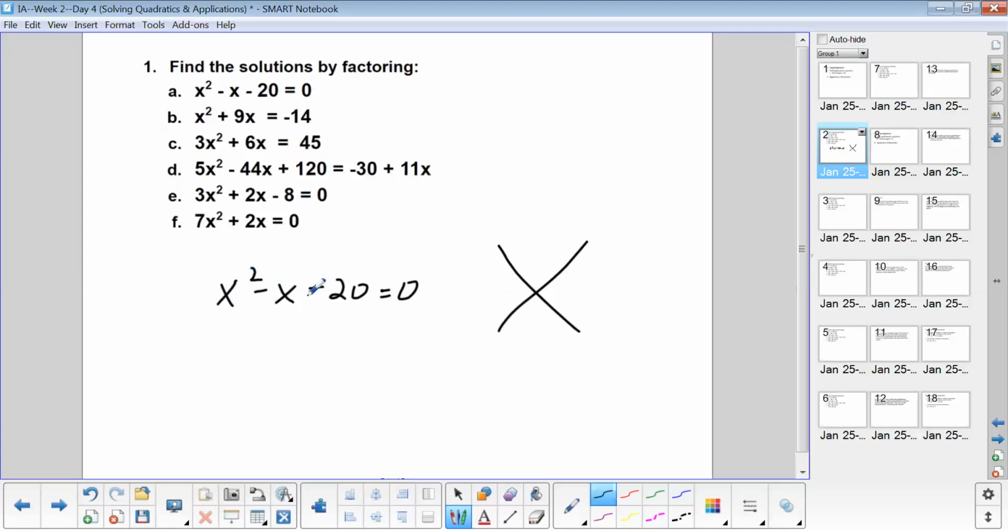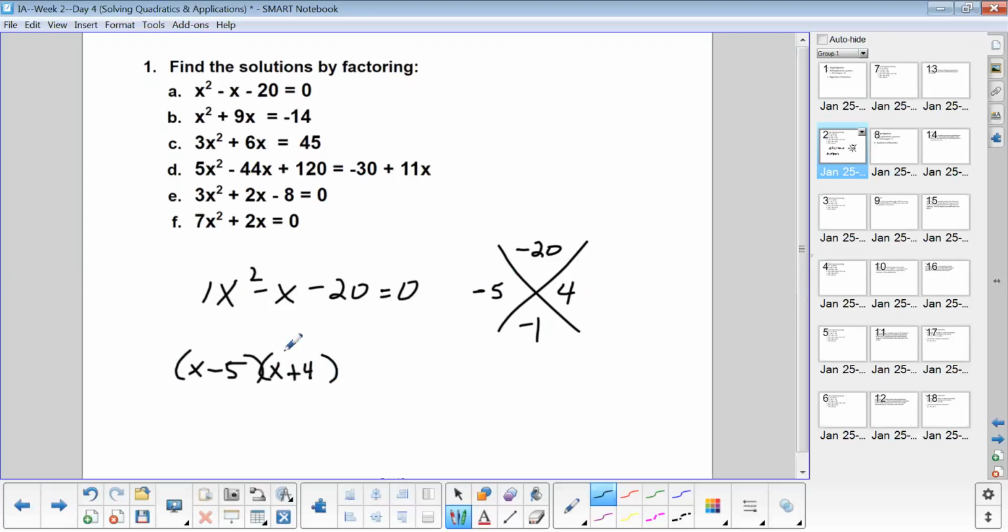A is 1, C is negative 20, so 1 times negative 20 is negative 20, and it needs to add to give me negative 1. The factors would be 5 and 4, and it's got to add to give me negative 1, so this one would be negative, this one would be positive. A is 1, so you're allowed to write x minus 5 times x plus 4.